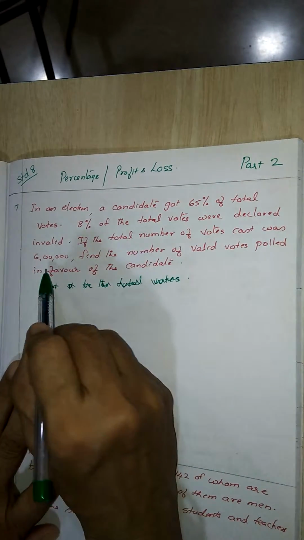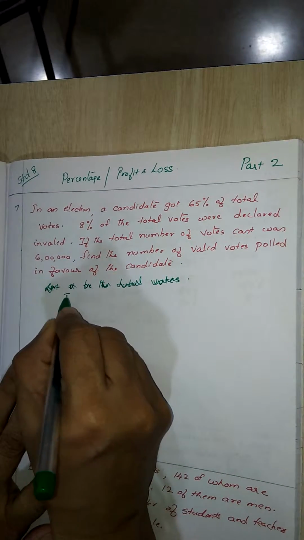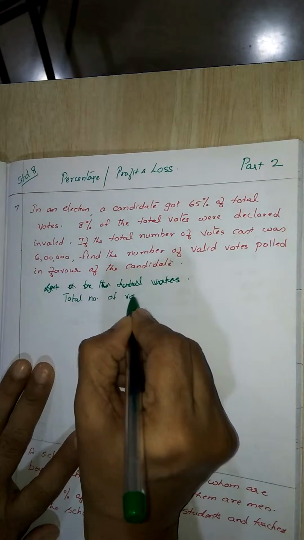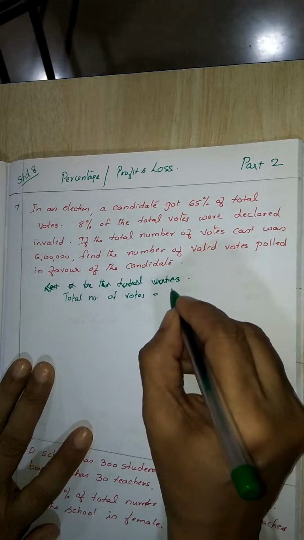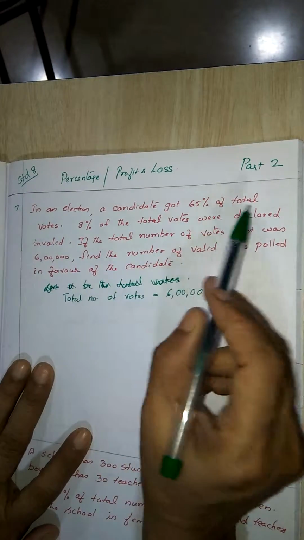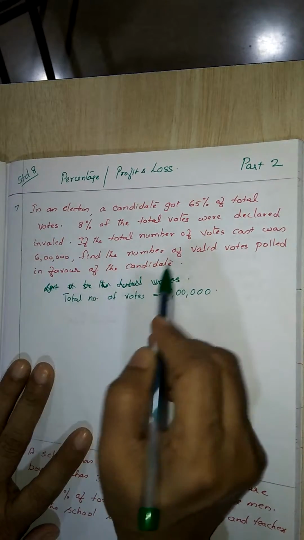The total number of votes is equal to X. Total number of votes is equal to 6 lakh. So now we have to find the number of valid votes polled in favor of the candidate.